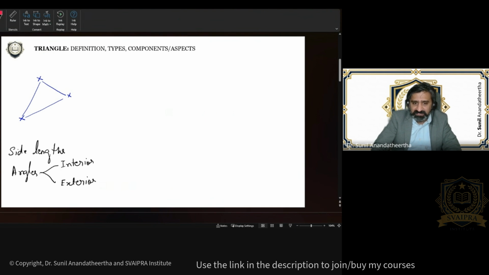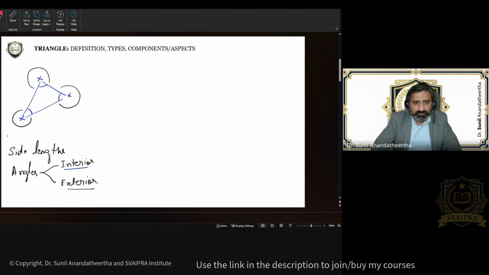If I denote all the interior angles in blue and all the exterior angles in black, then I would write these interior angles as here and here and here, and the exterior angles are over there, and over here. So these are the exterior angles that we have.